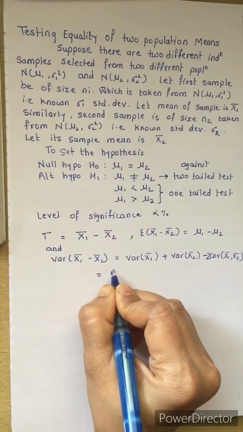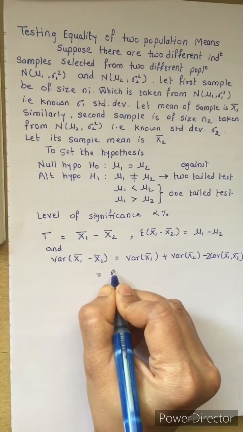In H0 here we have mu1 is equal to mu2, and therefore under H0 this term will get 0. So under H0 our z will be x1 bar minus x2 bar as it is, divided by the square root of sigma 1 square upon n1 plus sigma 2 square upon n2, because this term will get 0 as mu1 is equal to mu2 in our H0.